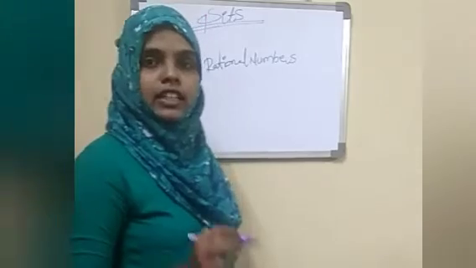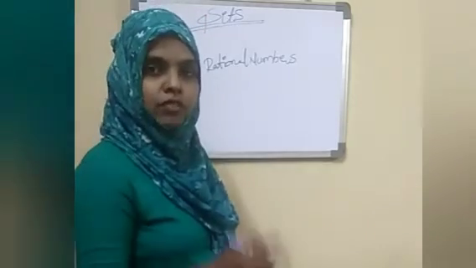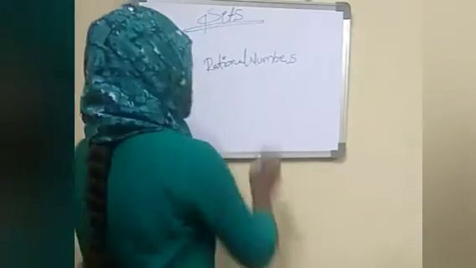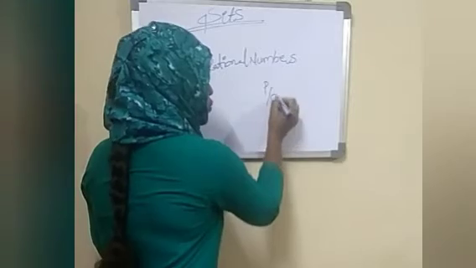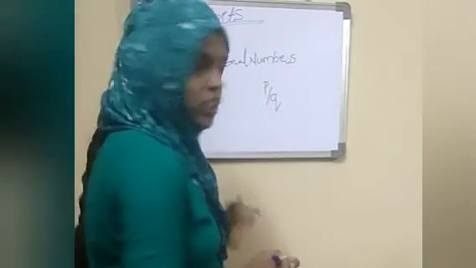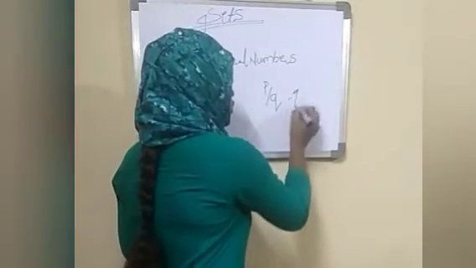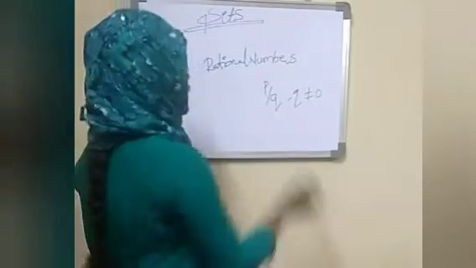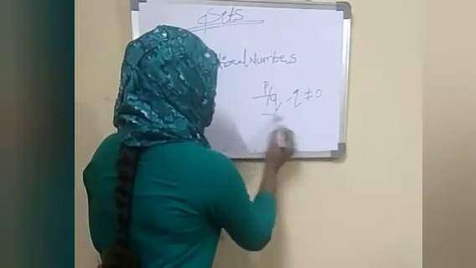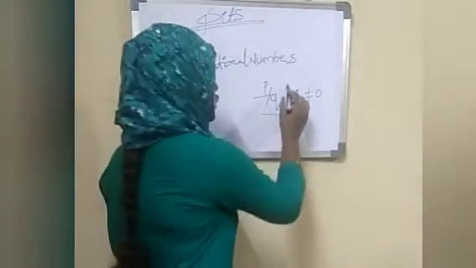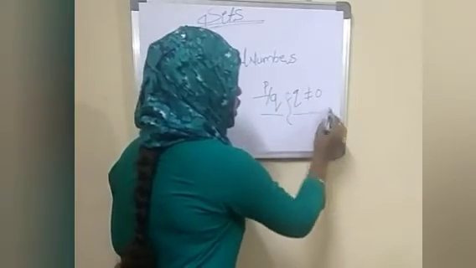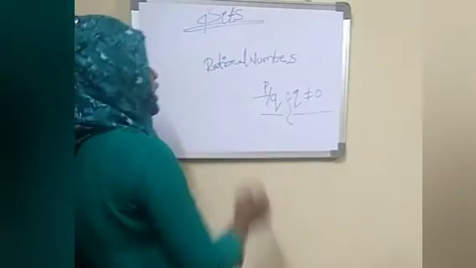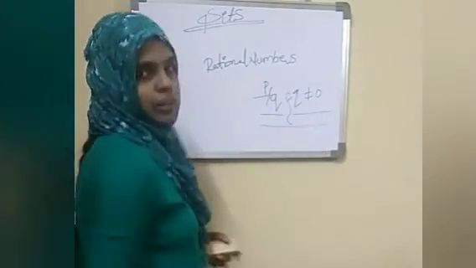A rational number consists of 2 integers which can be written in the form of p by q, and there is a condition: q not equal to 0. These are called rational numbers.